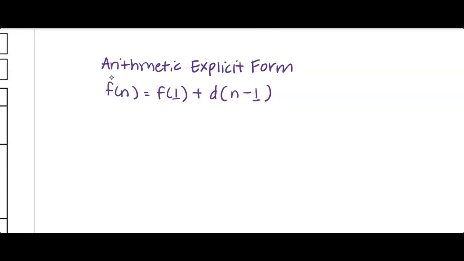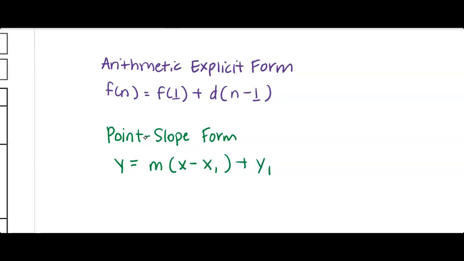And then thinking to point slope form, so what I just showed you of y equals m times x minus x1 plus y1. The things we're going to change are the x1, the y1, and the m. Everything else is this shell that we're using.